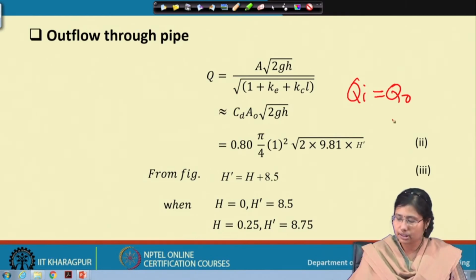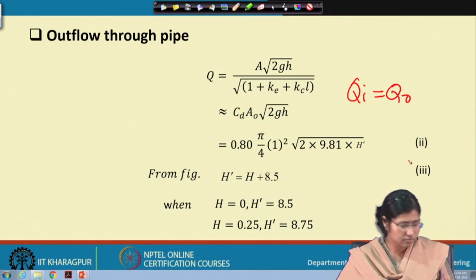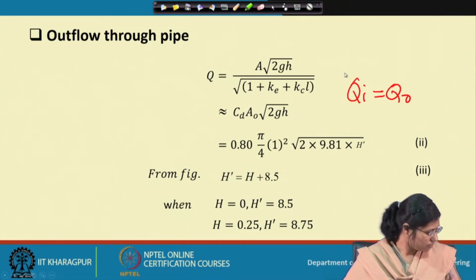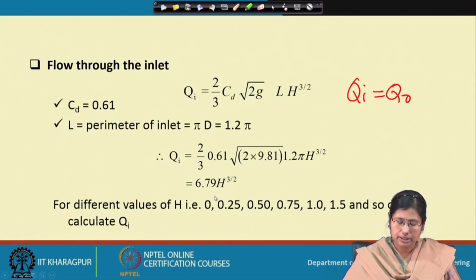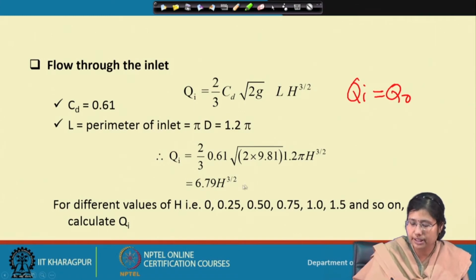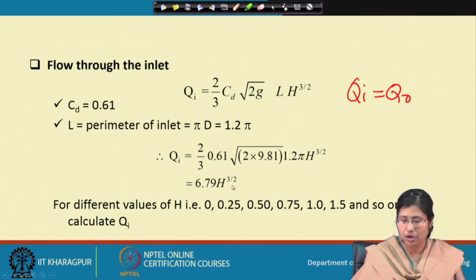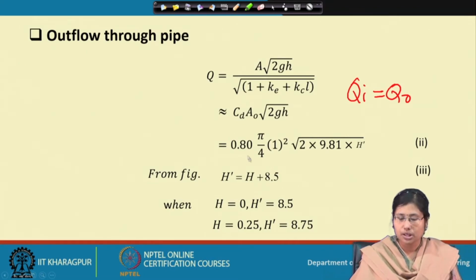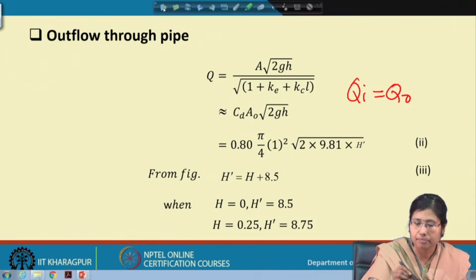Now, you can equate equation 1 that you already calculated in step 1 and equation 2, and then at various values of QI a table of values can be prepared.